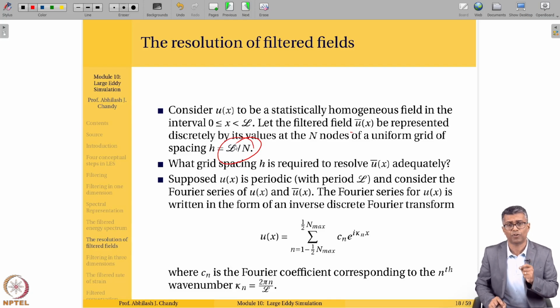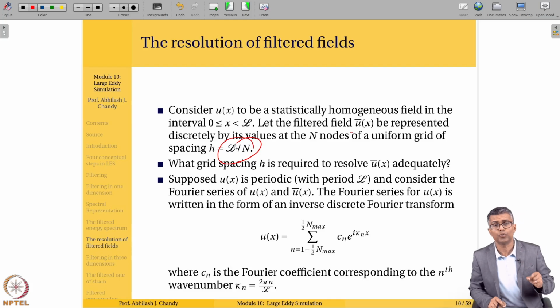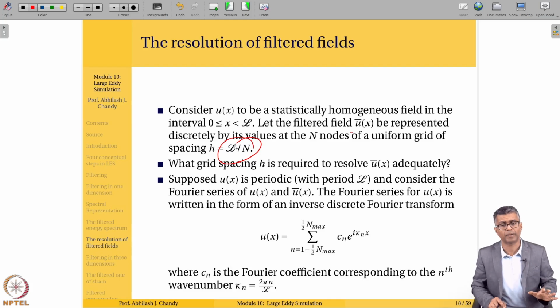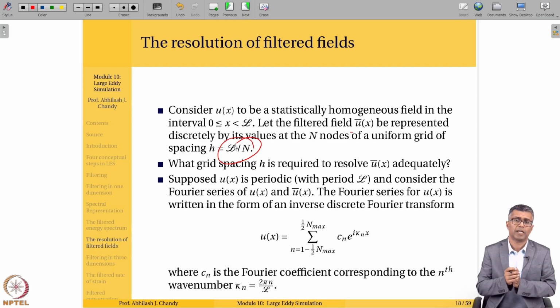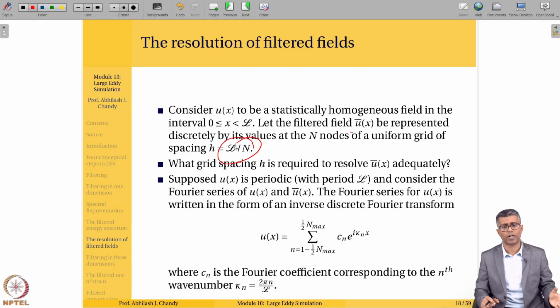What adequate value of h is required so that you resolve u bar properly, adequately, accurately? Okay. So now again we are considering homogeneous turbulence. So let's say u of x is periodic with period L, and then you consider the Fourier series for u and u bar. Only then can you consider the Fourier series.